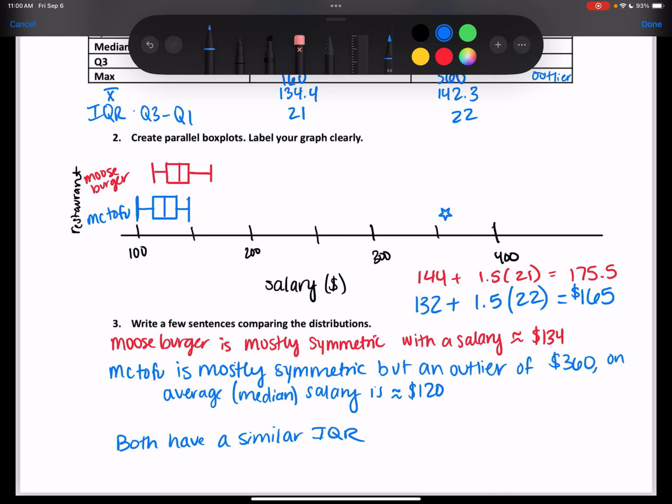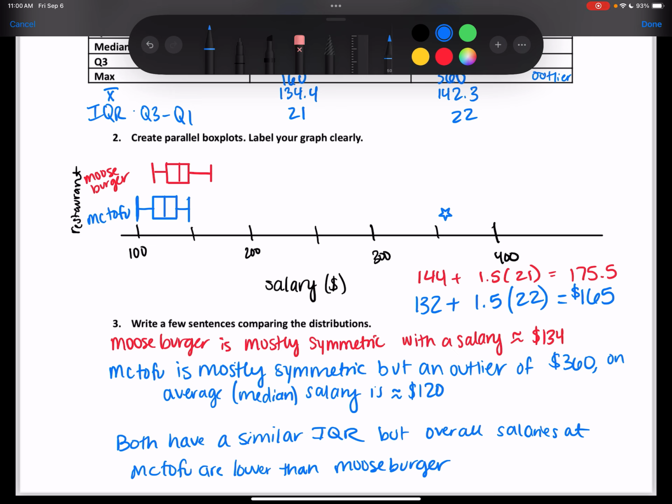But overall, salaries at McTofu are lower than Mooseburger. And that kind of just answered question 4, although not exactly.